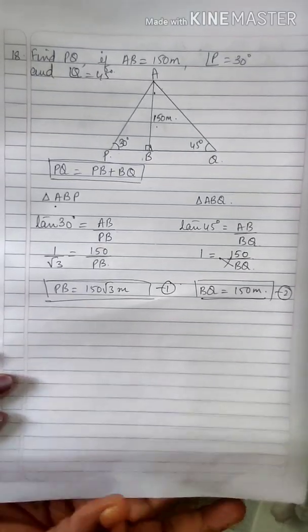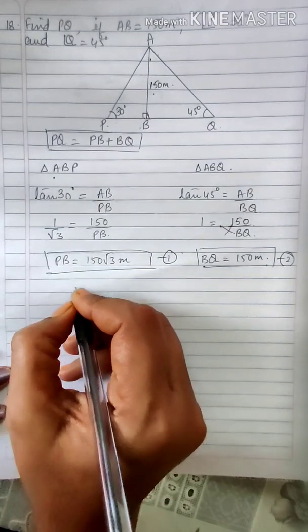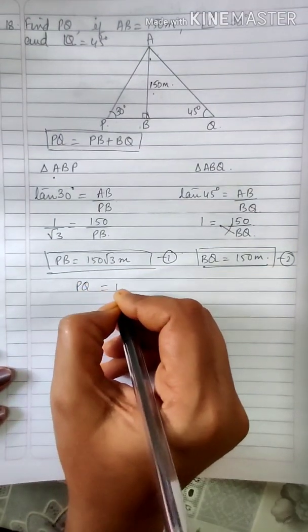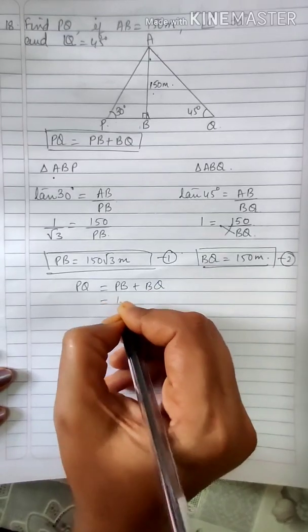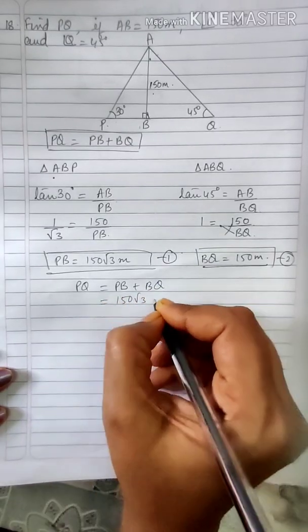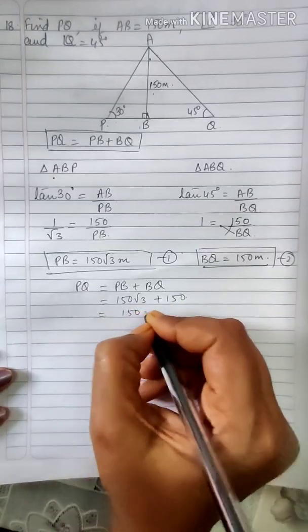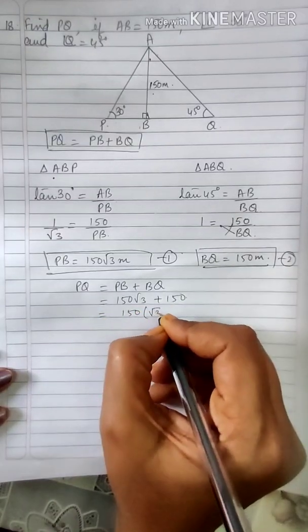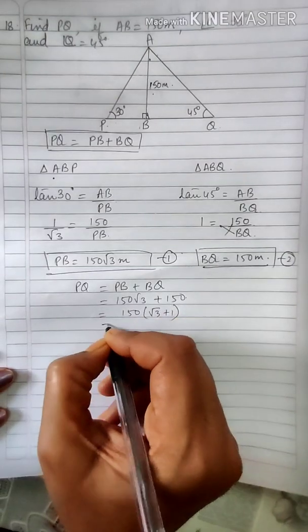So you got PB and BQ. Now we will find PQ. PQ, you know, it is PB plus BQ. So it is 150 root 3 plus 150, which will give you 150 of (root 3 plus 1). Here 150 is common, so we will take 150 out and root 3 plus 1.